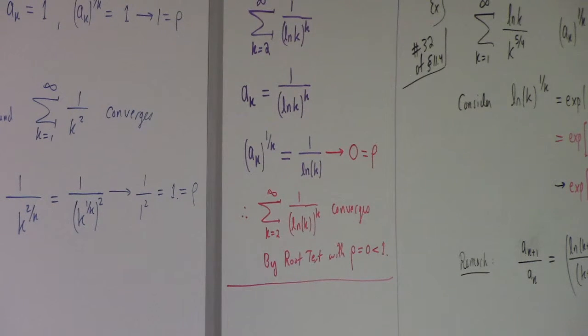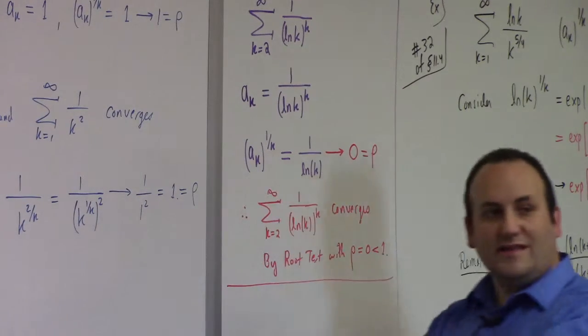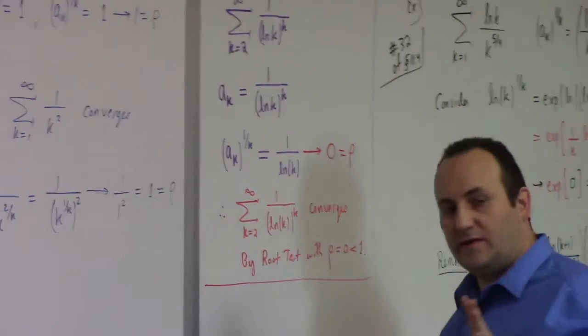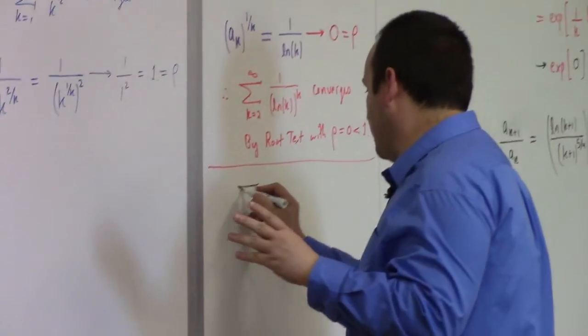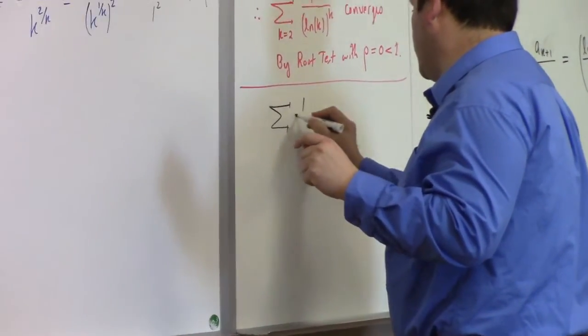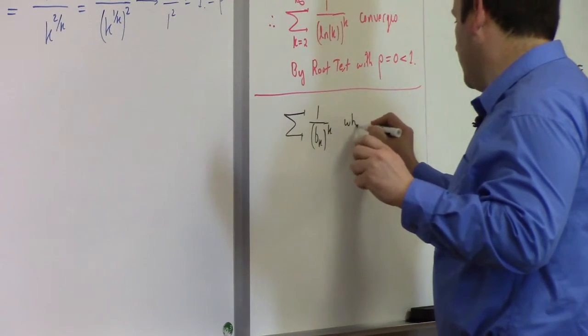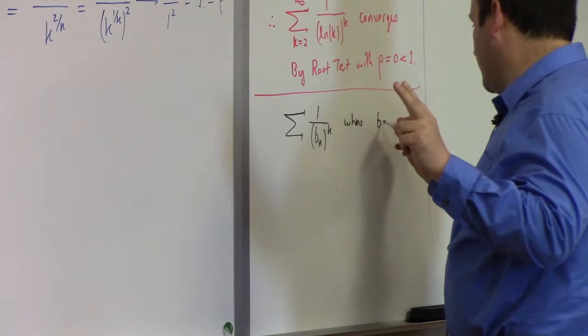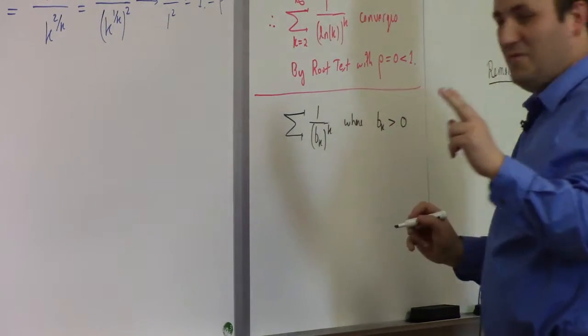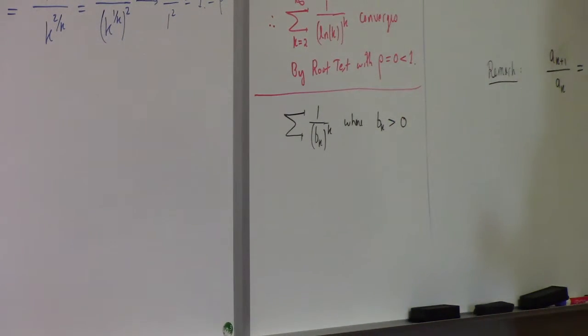I do agree with you in the following sense. There's a whole class of examples like this, which are also valid. If I have the sum of 1 over b sub k, to the k power, I need two things. First of all, I need b sub k to be positive, because if b sub k is 0, I'm in trouble. And if b sub k is negative, then we're out of the domain of section 12.4, which is concerned with series with non-negative terms.